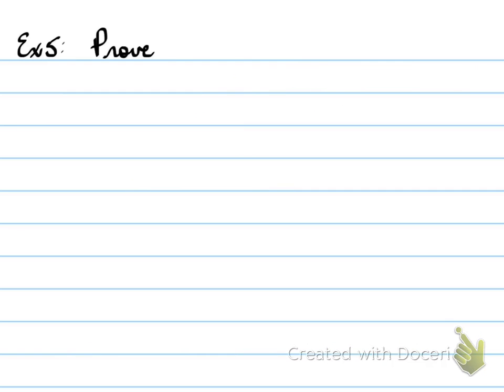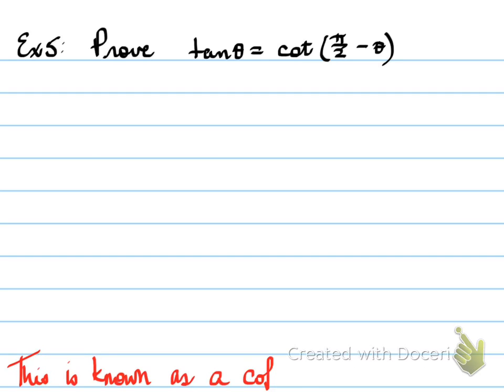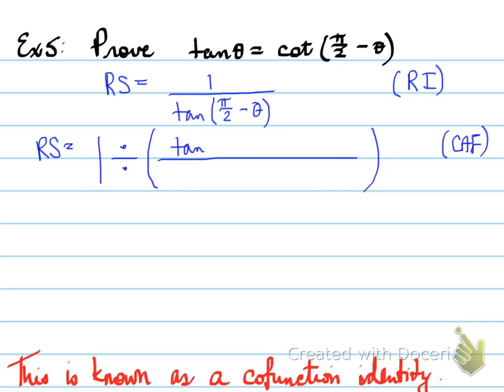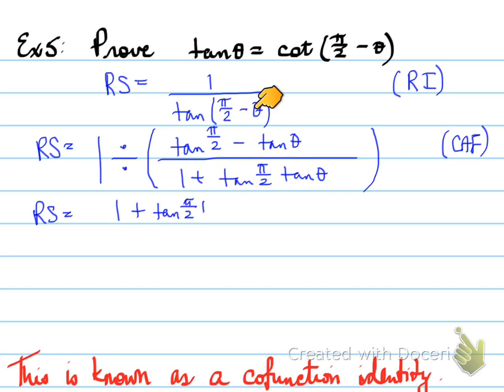Next, example number 5, you're asked to prove this cofunction identity. And here's the solution. We took the right side, converted it using the reciprocal identity, and then I take the tan function and calculate the values.